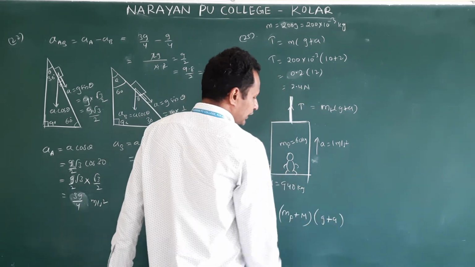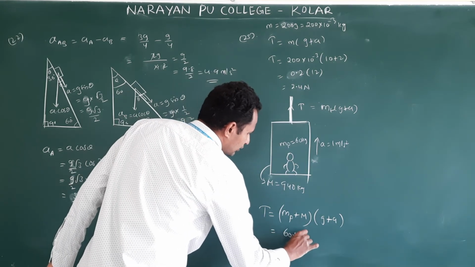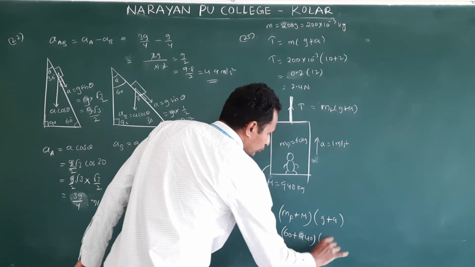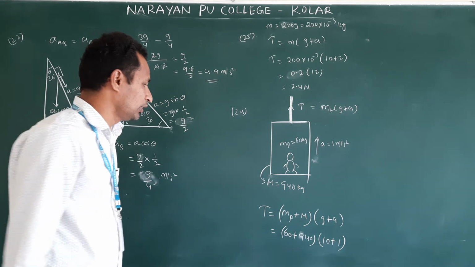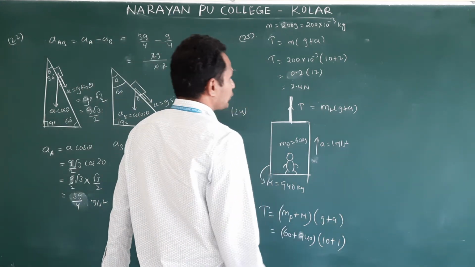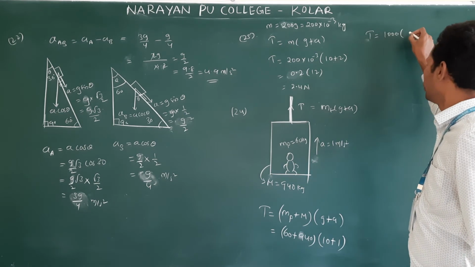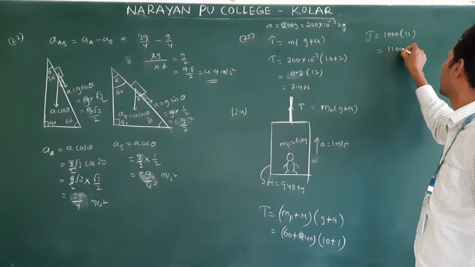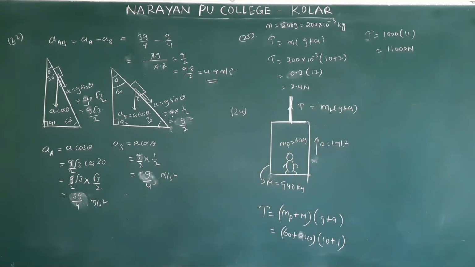G we take as 10. Person mass is 60, cabin mass 940, so total 1000. Then T is equal to 1000 into (10 plus 1), 11. So 11,000 Newton. Clear.